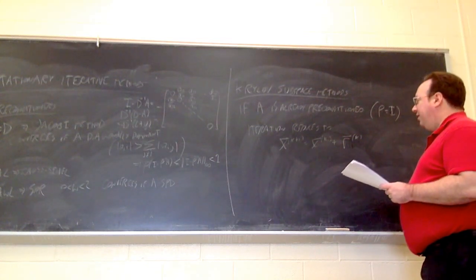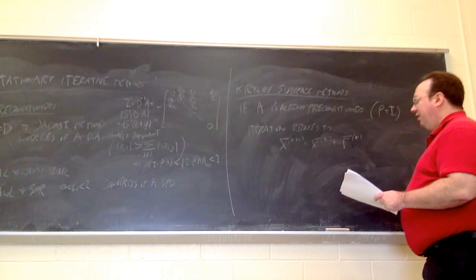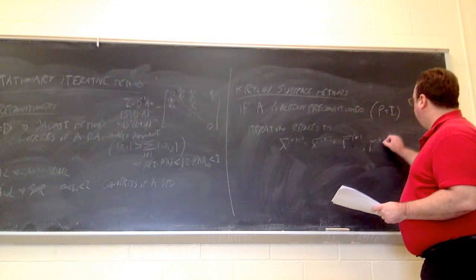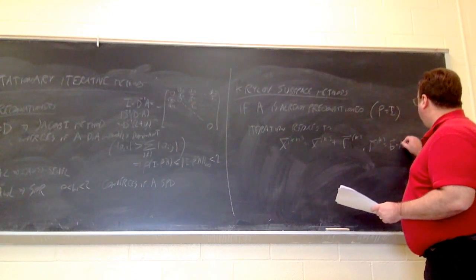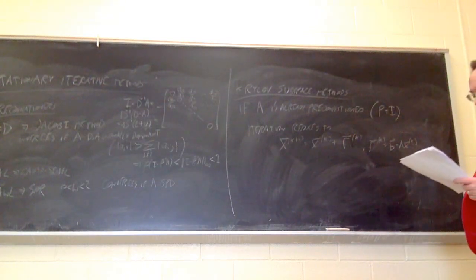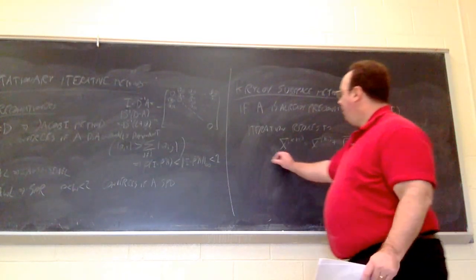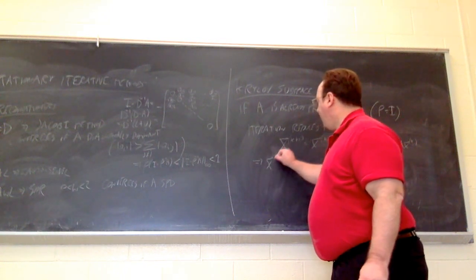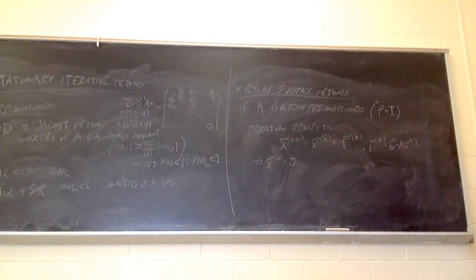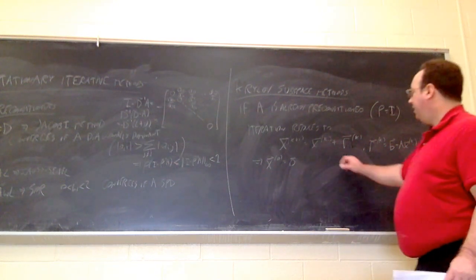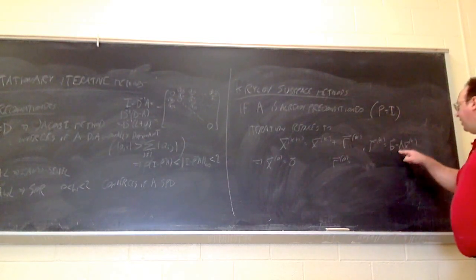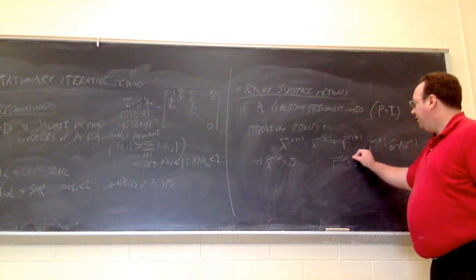So if I write down what the iterates are from the beginning, r_k is equal to b minus A x_k. Let's suppose I choose my initial guess to be 0. Therefore my first residual, r_0, would be b minus A times 0, so it would just be b.